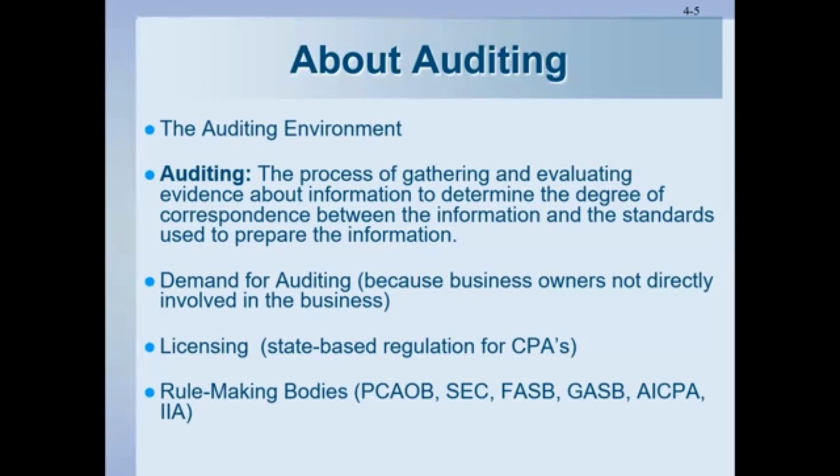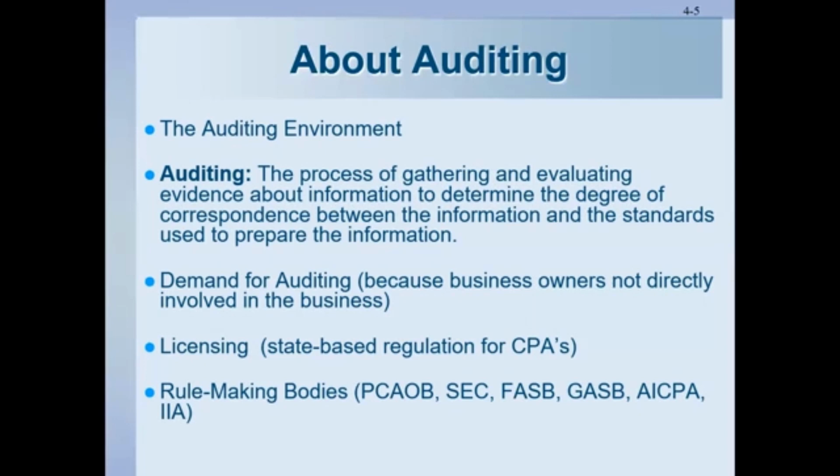So Chapter 4 describes the auditing process and the role that forensic accountants can play in the determination of the fairness with which the financial statements depict financial position, results of operations, and cash flows of the company being investigated.